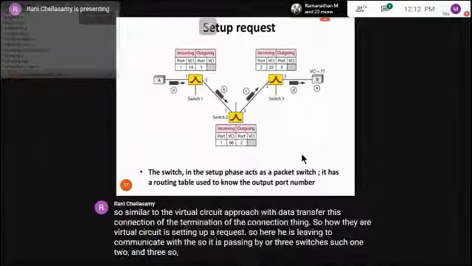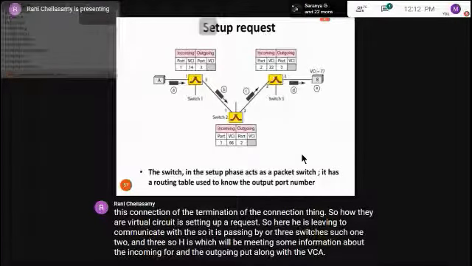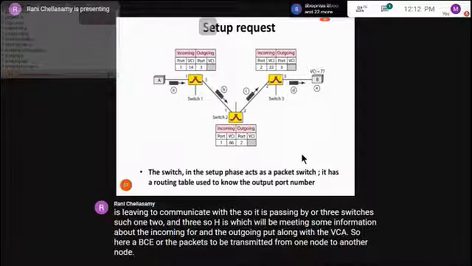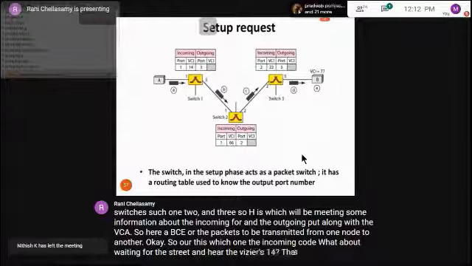So each switch will be maintaining some information about the incoming port and the outgoing port along with the VCI. Okay. So here A, B, C, D are the packets to be transmitted from one node to another node. Okay. So at switch 1, the incoming port is 1 and the outgoing port is 3. And here the VCI is 14, that is the data to be passed.